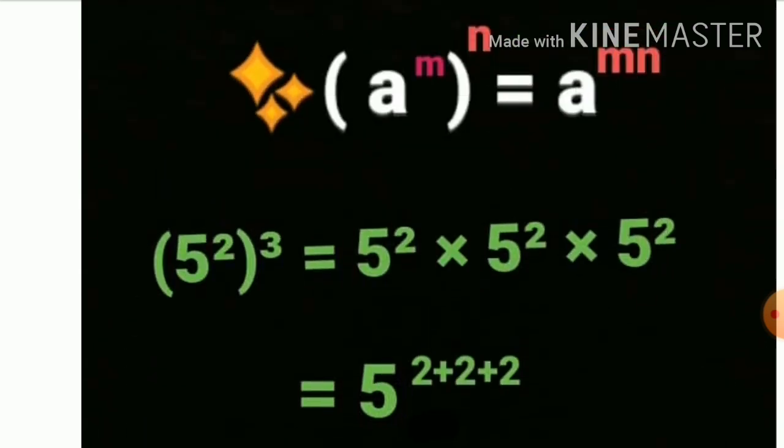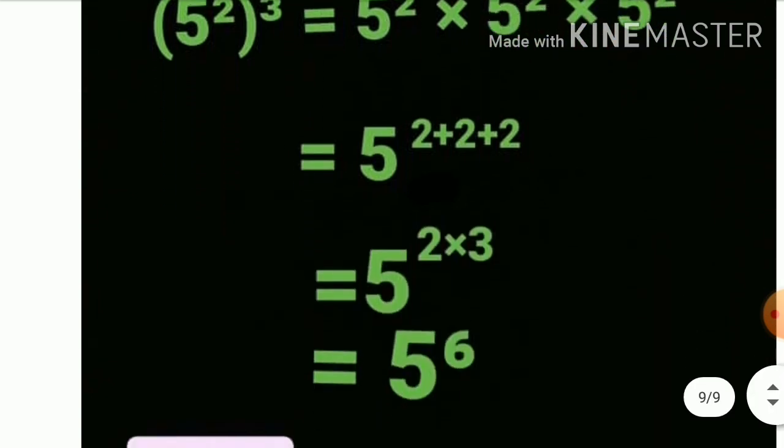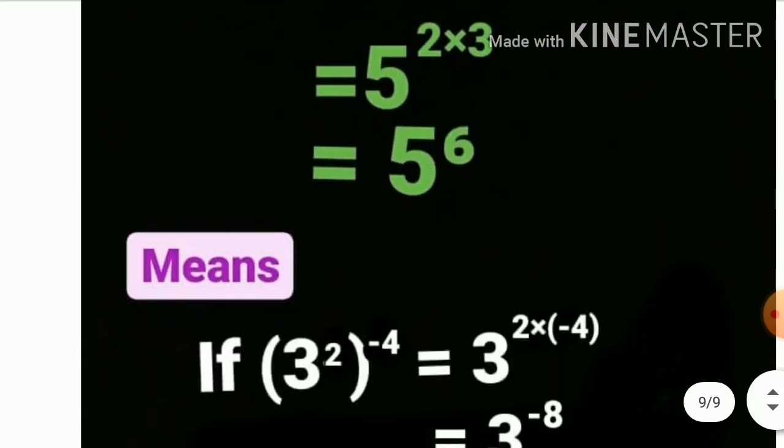When (5^2)^3, how will you write? You will write 5^(2 multiplied by 3). 2 multiplied by 3 is 6. This is just simplification. If they ask you to get the values also, then 5^6, you have to get the value.